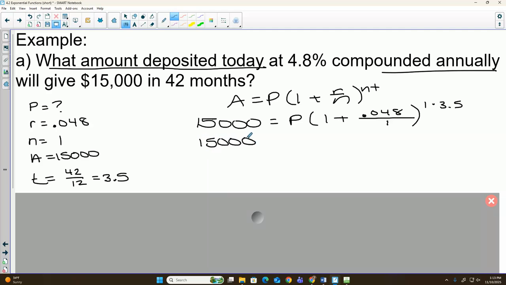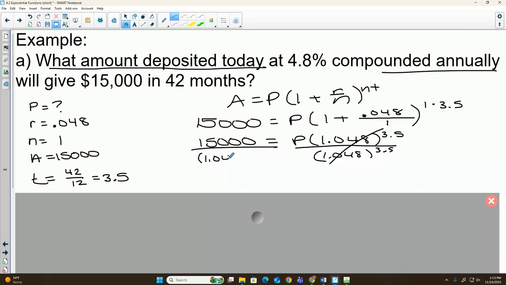You are welcome to clean this up a little bit if you want. 1 plus 0.048 divided by 1, which is 1.048. 1 times 3.5 is 3.5. But how am I going to get P by itself? Divide that whole thing over. So what you're typing in your calculator is 15,000 divided by 1.048 to the 3.5 power.